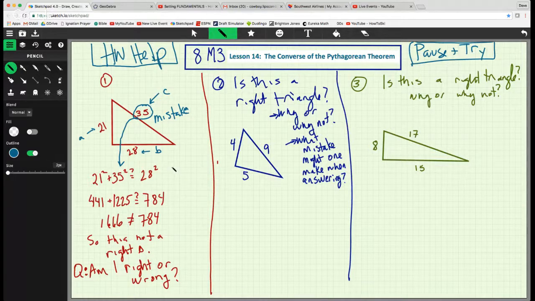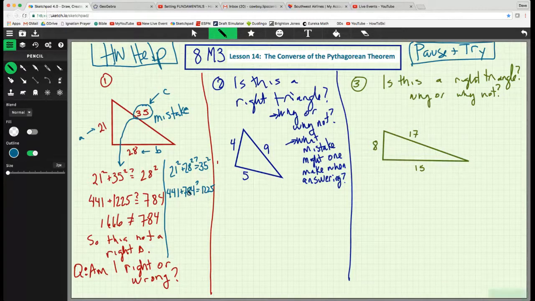So we should have done 21 squared plus 28 squared and asked if that's equal to 35 squared. 21 squared is 441. 28 squared is 784. And is that equal to 1225, which is 35 squared?